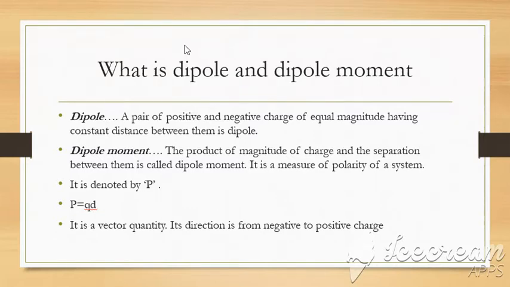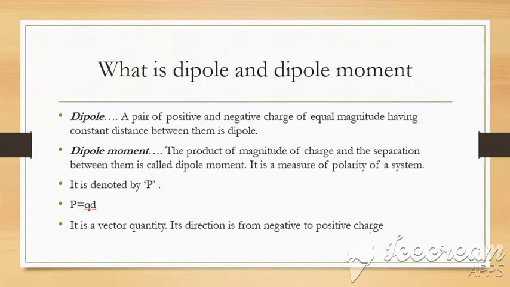Nucleus is slightly displaced towards one end, whereas all the electrons show slight displacement towards another end. Then this will constitute a dipole with a certain value of separation between them. This separation is not very large, but a certain value of separation resides between them.